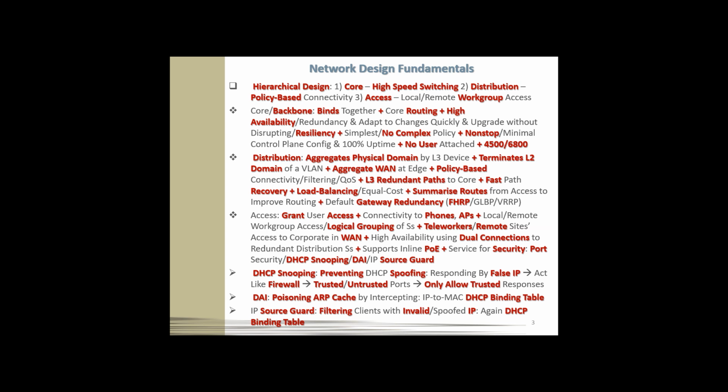For DHCP snooping to function, it is important to remember all DHCP servers must be connected to the switch through trusted interfaces. When a switch receives a packet on an untrusted interface and the interface belongs to a VLAN in which DHCP snooping is enabled, the switch then compares the source MAC address and the DHCP client hardware address.